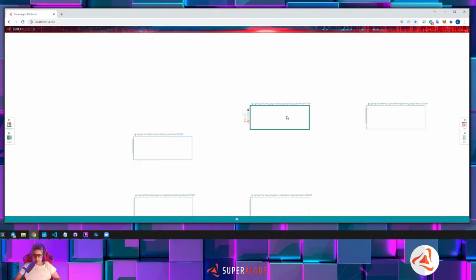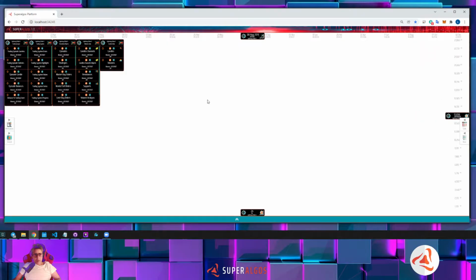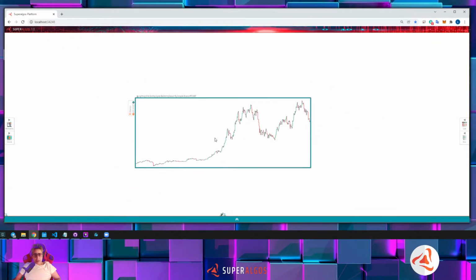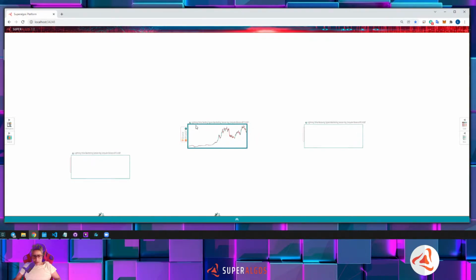Yeah, definitely something is broken here. I cannot have access to any of this stuff, any of the layers. Probably I don't have access here. Okay, this one has it. So what is going on?